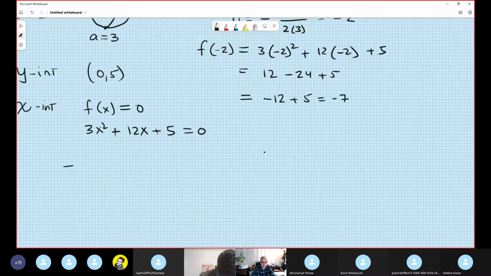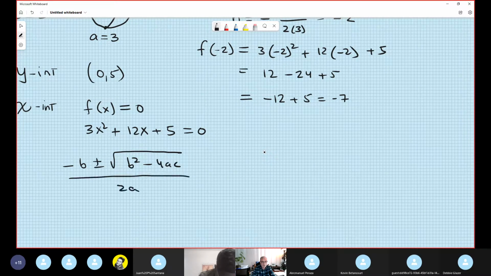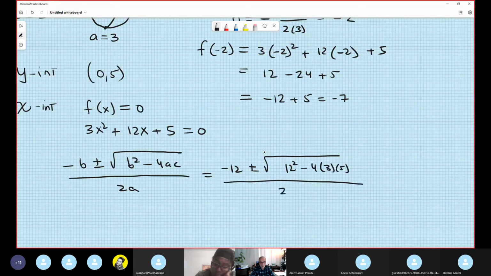So, minus b plus or minus the square root of b squared minus 4ac, divided by 2a. In our specific example it is minus 12 plus or minus the square root of 12 squared minus 4 times 3 times 5, divided by 2 times 3.